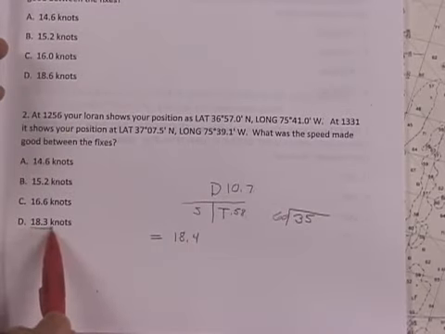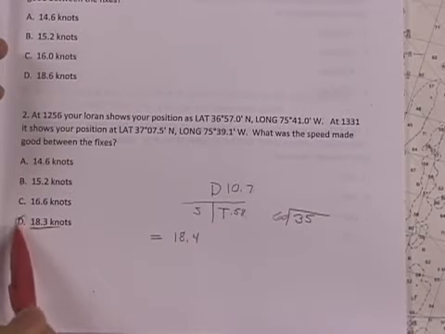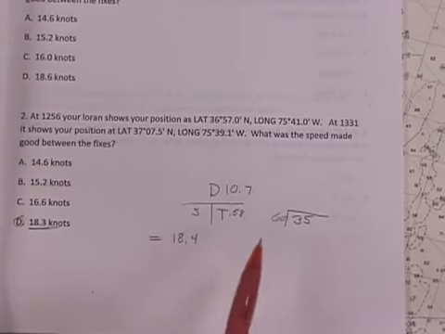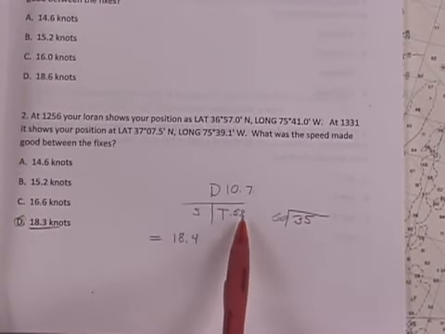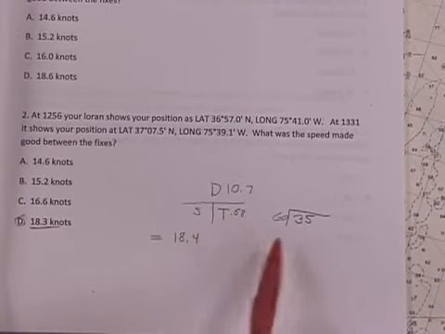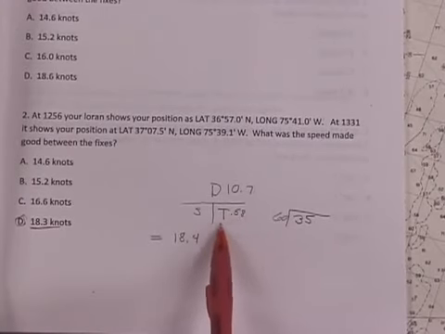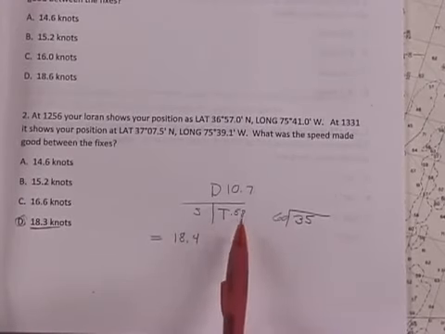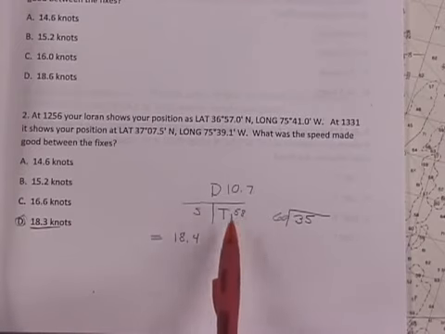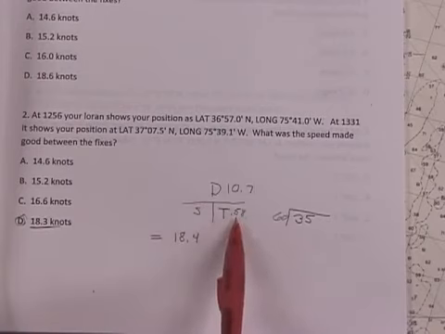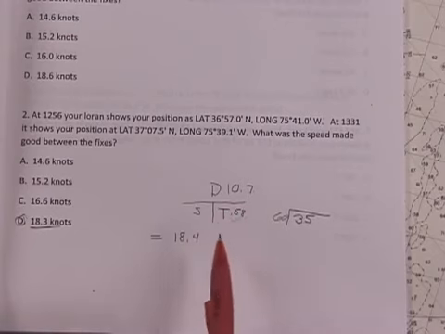There's 18.3. There's my answer. And that's how you work your time, distance, speed. Remember, the big problem here is making sure you don't take that 35 minutes and put it in here, because 35 minutes is a time. And any time you're going to do any division, you have to turn that time into a decimal. And that's problem number 2.